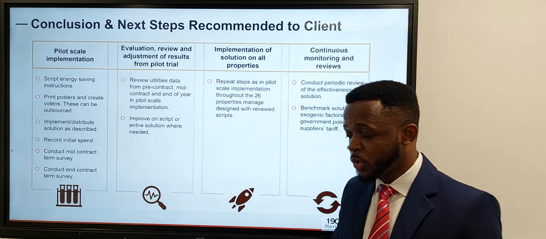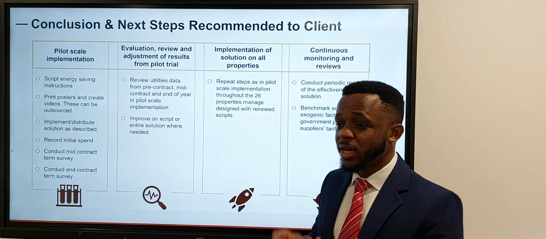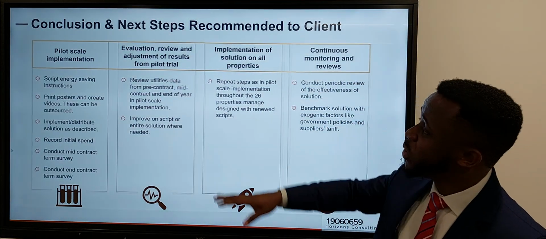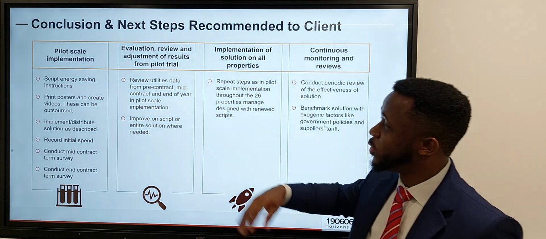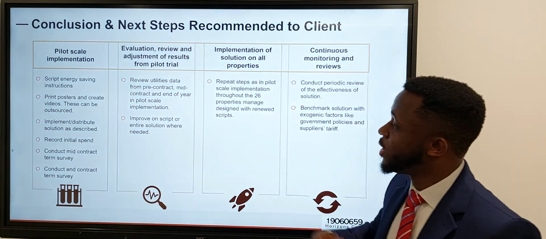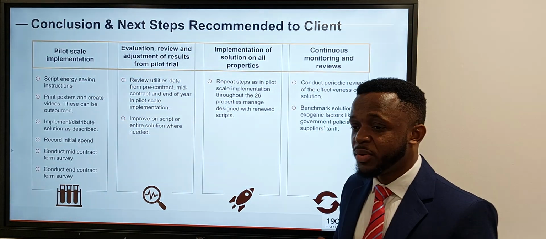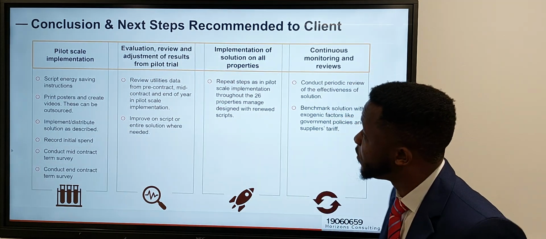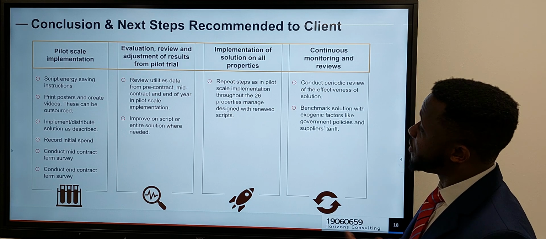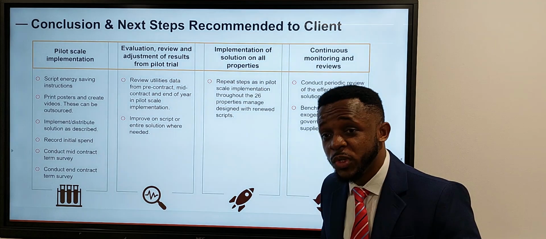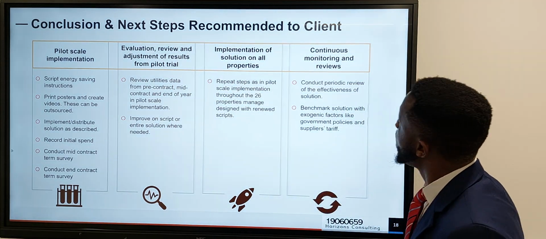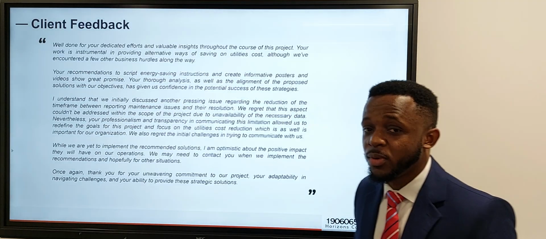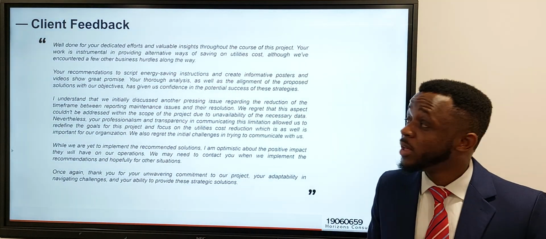Record the initial spend, record the mid-term spend, and record the final spend, and then do an evaluation and review of the process and how it's going. You do pre-term, mid-term, and end-of-term surveys for the process, and then after the review, make amendments and do the full implementation on all properties, and then continue to make reviews and amendments.